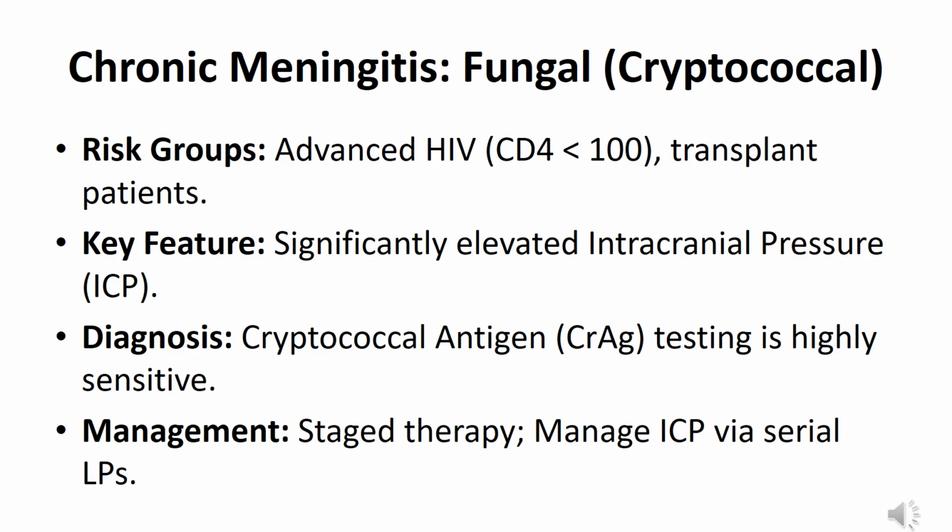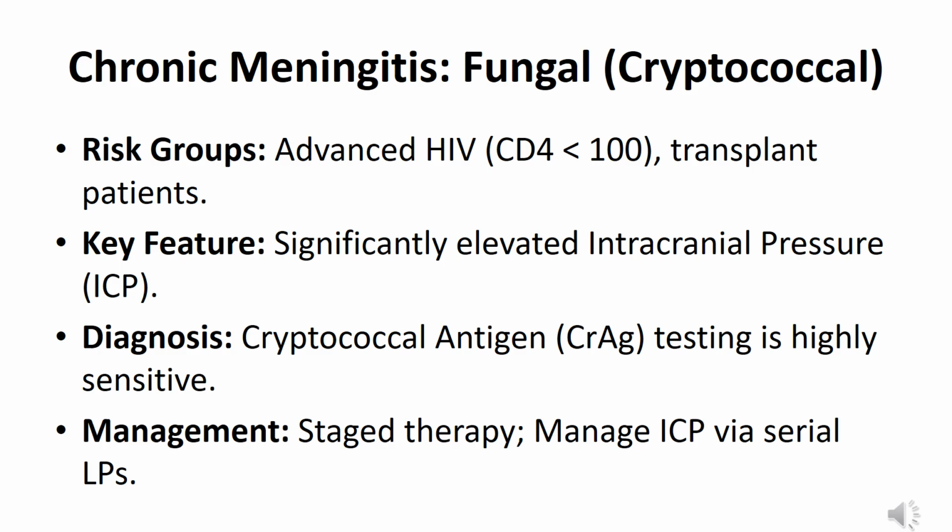Certain groups are especially vulnerable. Patients with advanced HIV infection are at the highest risk, particularly when CD4 counts fall below 100 cells per microliter. At these low CD4 levels, the immune system struggles to control opportunistic infections. Cryptococcal meningitis remains a major cause of morbidity and mortality in this population.